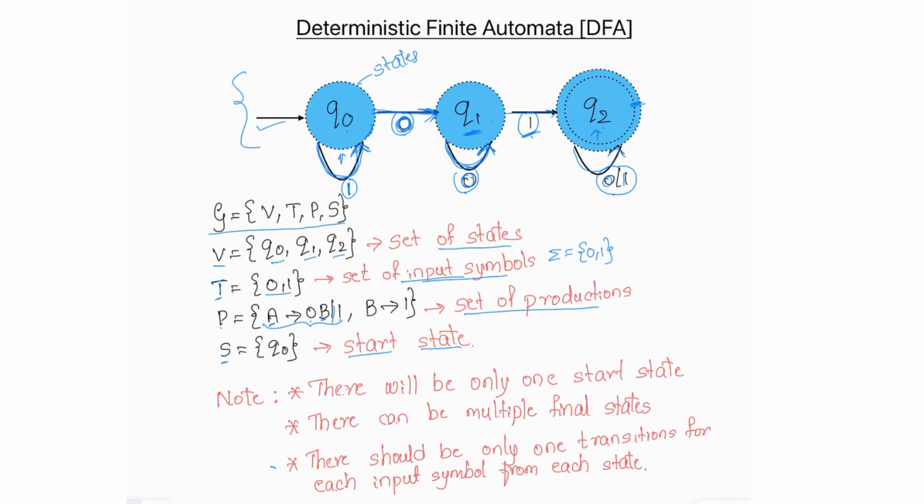Then again it may go with this loop or may not. If it goes with the loop at Q1, then 0 will be accepted as the input. Then the machine will move from Q1 to Q2 by accepting 1 as the input symbol. The individual symbols taken together will form the complete string.